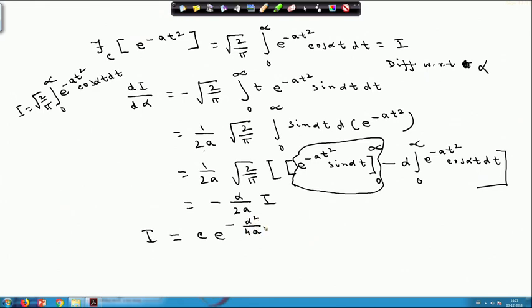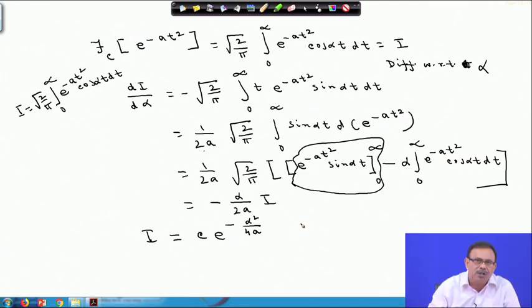Effectively, I am integrating on both sides of the given equation, where c is the constant of integration, whose value I have to find out.